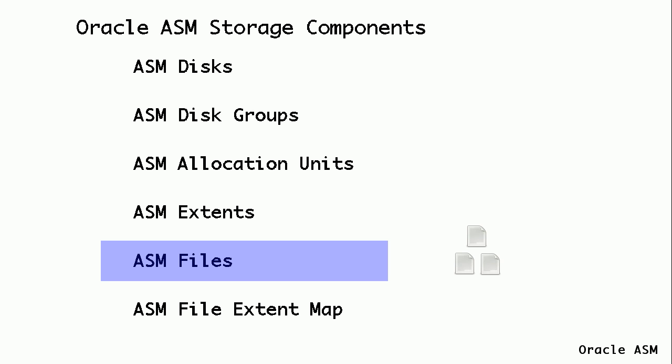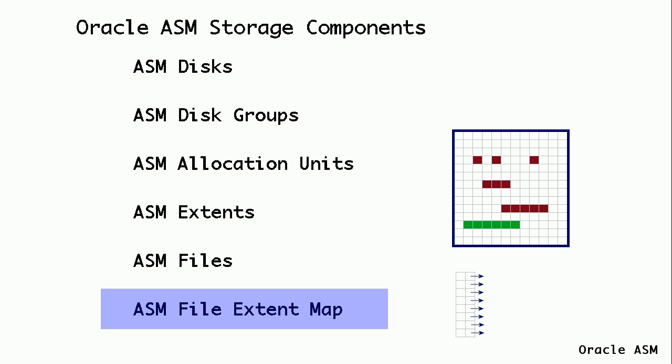Oracle ASM file consists of one or more ASM extents. Oracle ASM file is completely stored only in one disk group. Note that Oracle ACFS, ASM Cluster File System, can store non-database files.